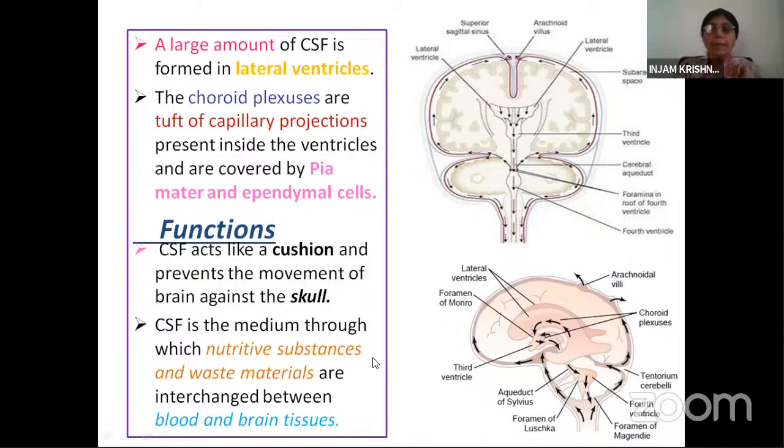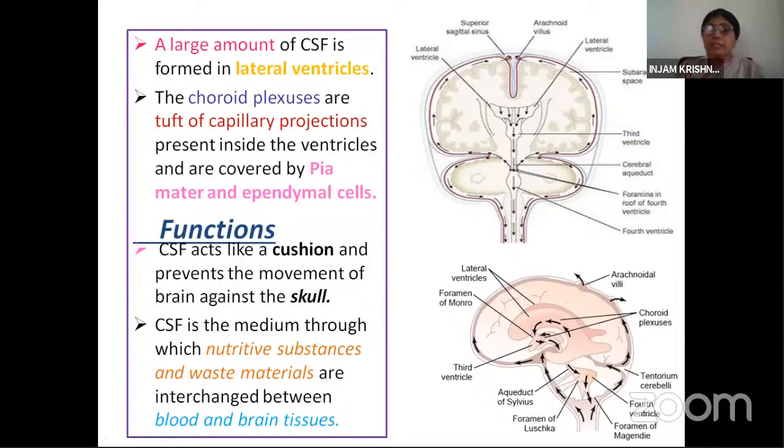CSF is the medium through which nutritive substances and waste materials are interchanged between the blood and brain tissues. Yes, it provides nutrients to the brain tissue and collects the waste material from the nervous tissue. So these are the functions of the CSF. CSF is different from the blood.